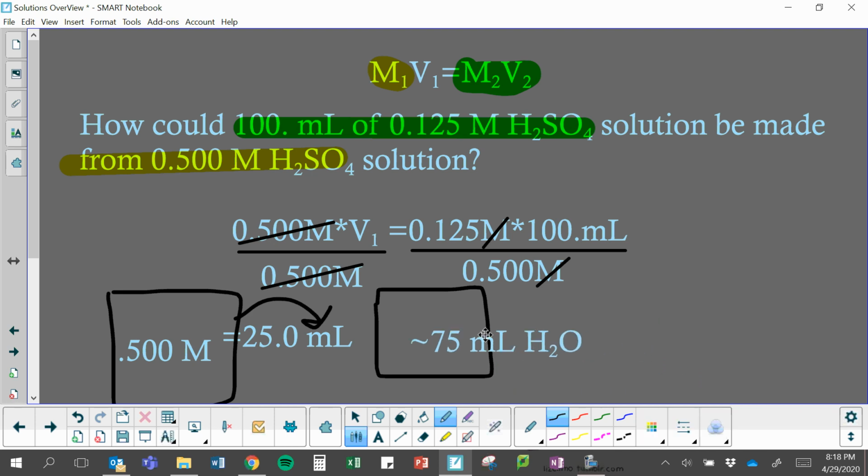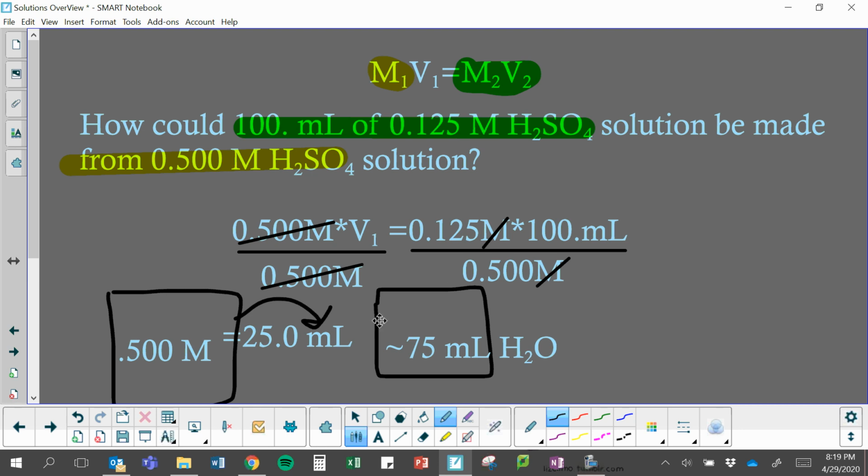How you would actually make the solution is you would probably add about 70 mils or so of water. Then you'd add 25 mils of your acid, because remember we add acid to water, and then you can add a little bit on top until it gets to the 100 mil mark so that you know it's the right solution.